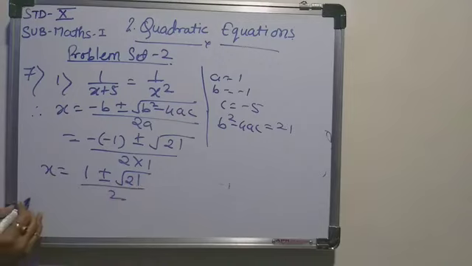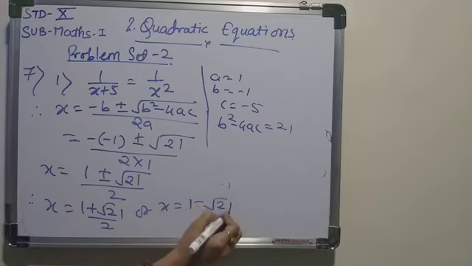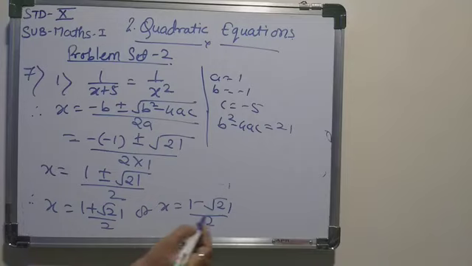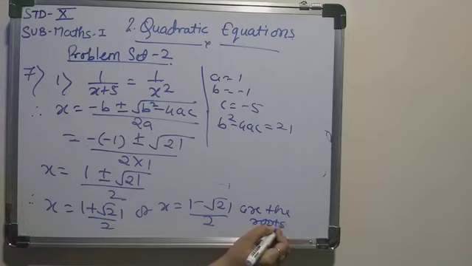It means the two roots are x is equal to 1 plus under root 21 upon 2 or x is equal to 1 minus under root 21 upon 2. These are the roots of the given quadratic equation. So this is how you are going to solve the remaining questions of question number 7. I hope you all understood this.